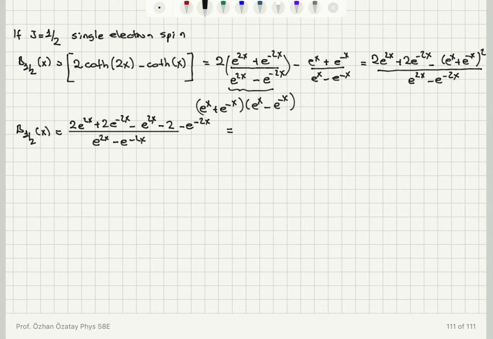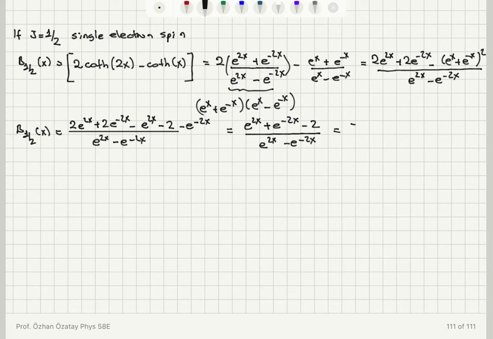One of the e to the 2x's will disappear, and one of the e to the minus 2x's will disappear: e to the minus 2x minus 2, divided by e to the 2x minus e to the minus 2x.